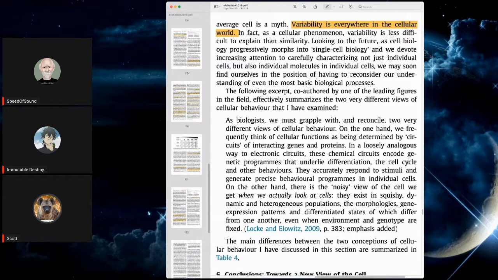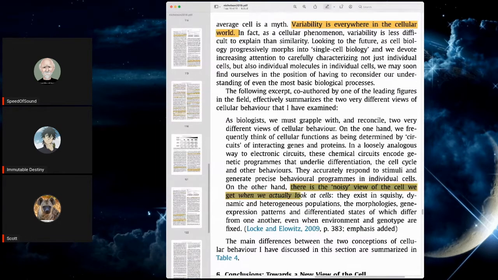On the one hand, we frequently think of cellular functions as being determined by circuits of interacting genes and proteins. In a loosely analogous way to electronic circuits, these chemical circuits encode genetic programs that underlie differentiation, the cell cycle, and other behaviors. They accurately respond to stimuli and generate precise behavioral programs in individual cells.